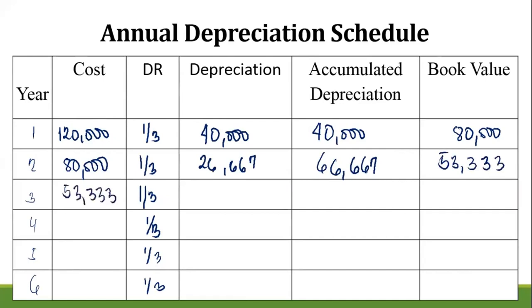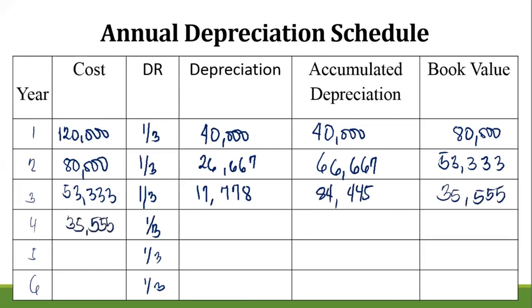Okay? With 1/3 depreciation rate, this is equal to 17,778. Okay? So, the accumulated depreciation on the third year is 84,445. So, the book value now is 35,555.